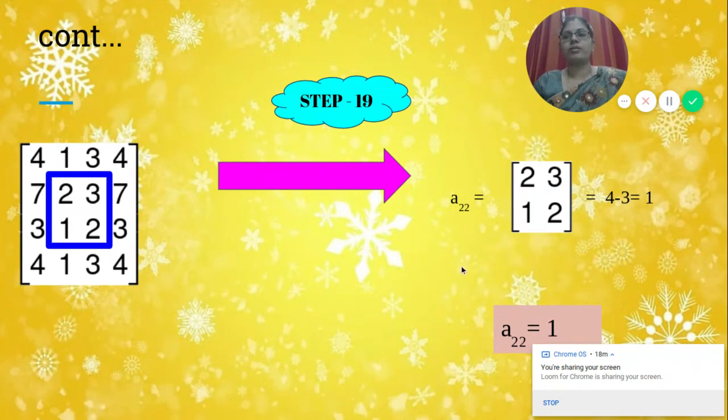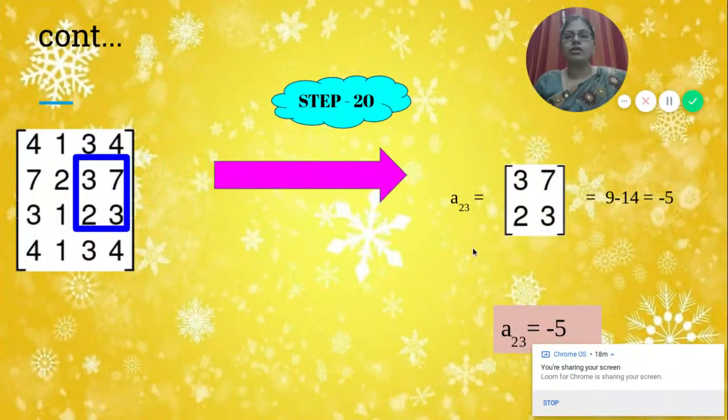A22 is equal to 1. To find my A23, I have taken this 2 cross 2 matrix 3, 7, 2, 3. 3 3s are 9 minus 7 2s are 14, that is equal to minus 5. A23 is equal to minus 5.